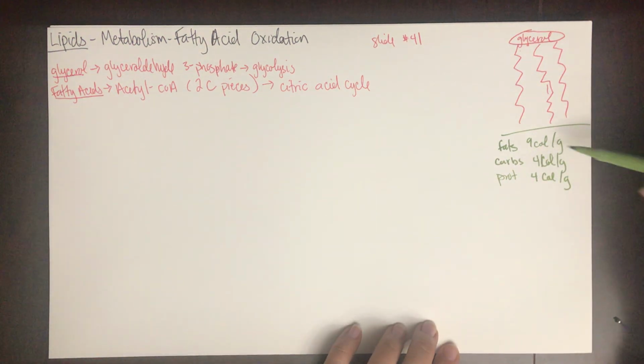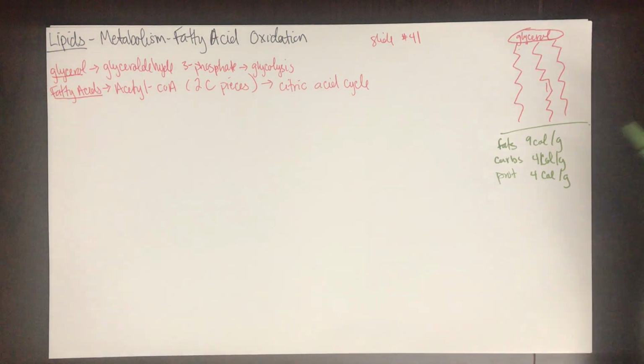So if you're looking at the amount of energy per mass, fats have the most energy per mass. The reason for this is that they're anhydrous and they're the most reduced, so they're able to carry the most energy per carbon.